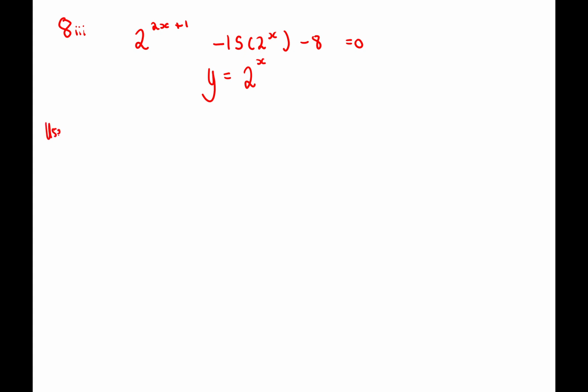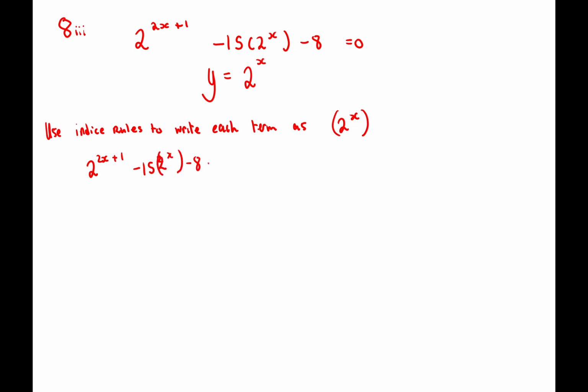Then use your indices rules to write each term in the form of something times 2 to the power of x. So we have 2 to the power of 2x plus 1 minus 15 times 2 to the power of x minus 8 is equal to 0.